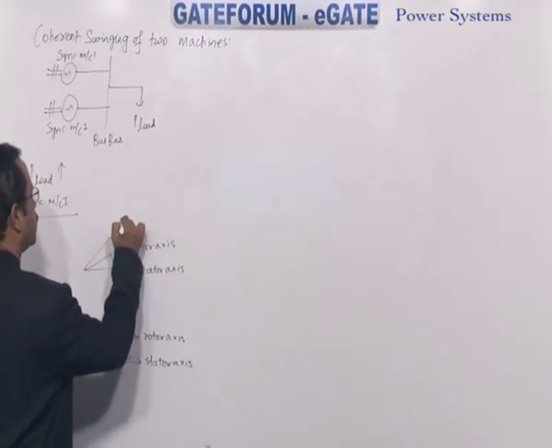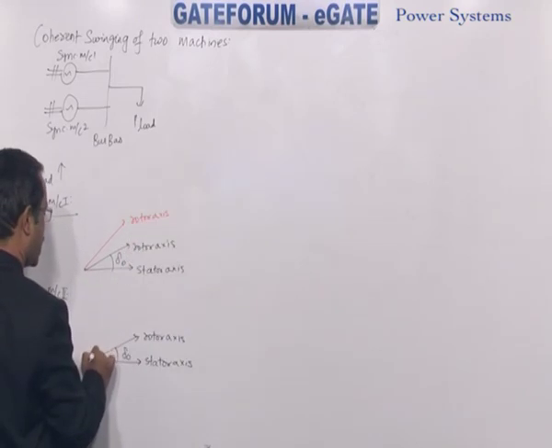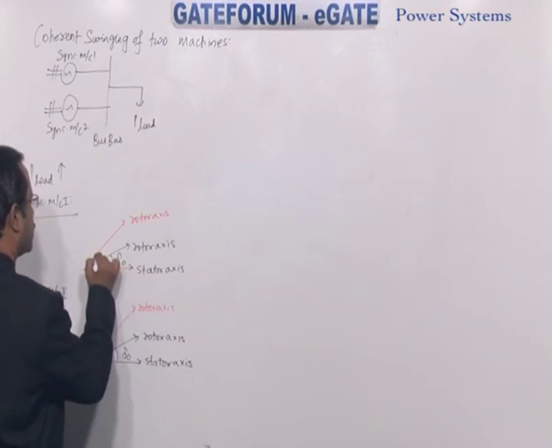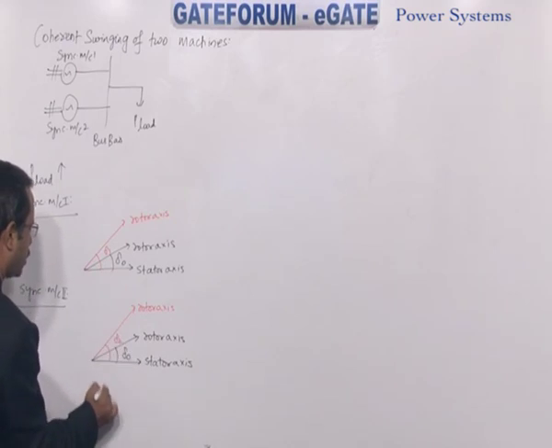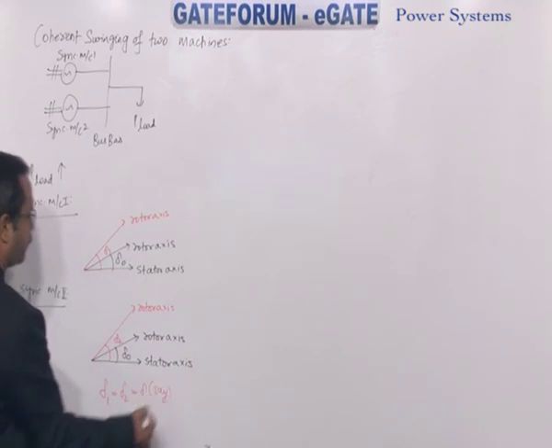So the change in the position of the rotor of synchronous machine 1 and synchronous machine 2 are identical. That is, delta 1 is the same as delta 2. Say it is some value delta now.